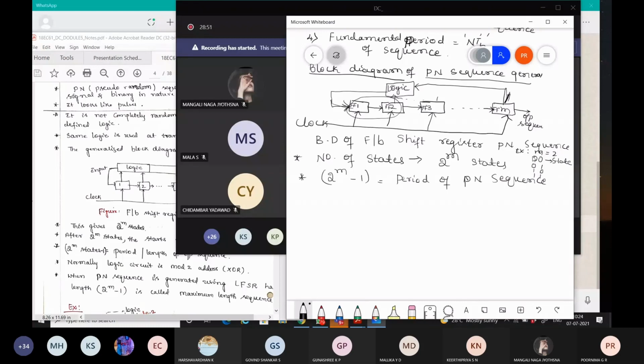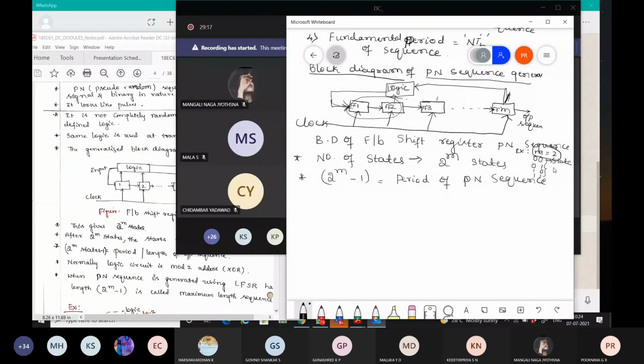So how do we calculate the number of states based on the m value? In this particular case, I have taken an example of m equal to 2. Whenever I substitute m as 2, 00, 01, 10 and 11 are the individual states which we can see at any point of time.